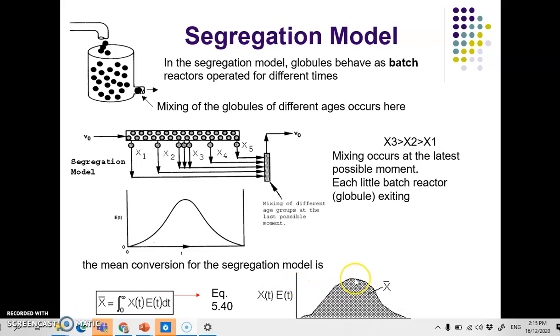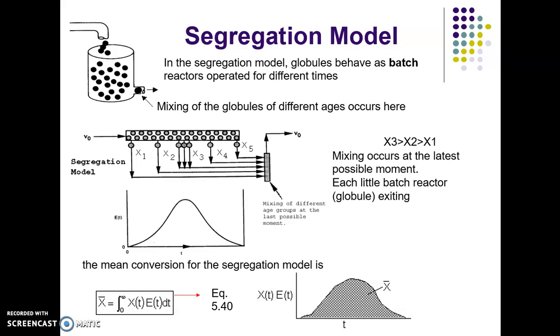If you plot a graph of X(t)E(t) versus t, the area under the curve is your X bar. So you need to find this area, and to solve it you need to use a numerical method like what we learned in the previous subtopic.